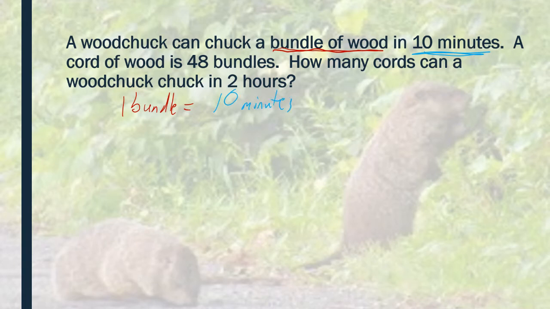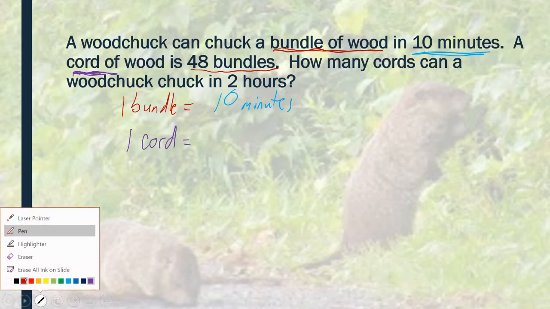All right. And then a cord. Now there's this other thing about wood. There's a cord. So 48 bundles equals one cord. And I guess maybe I'll go purple so it pops a little better. So one cord is equal to 48 bundles.